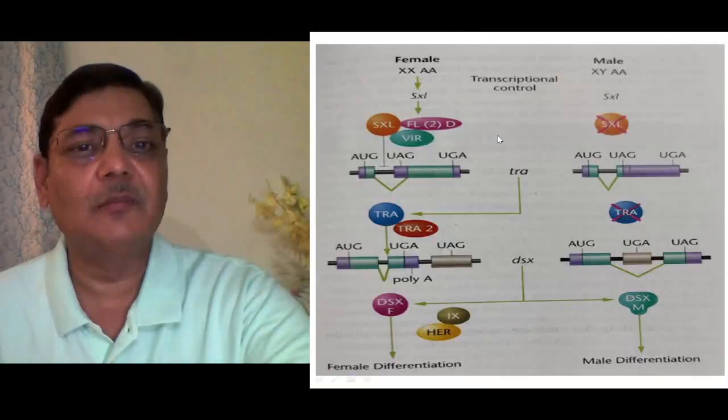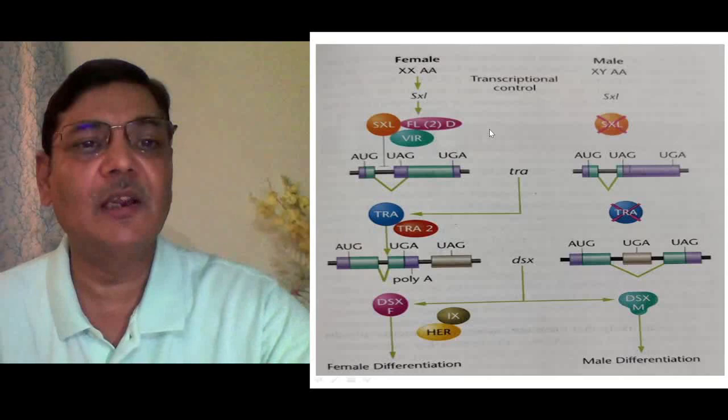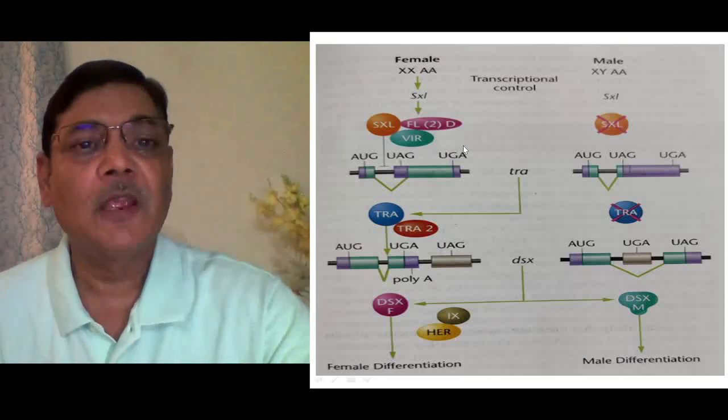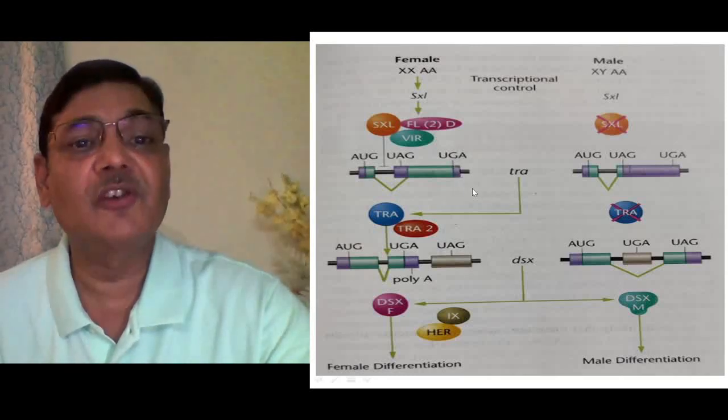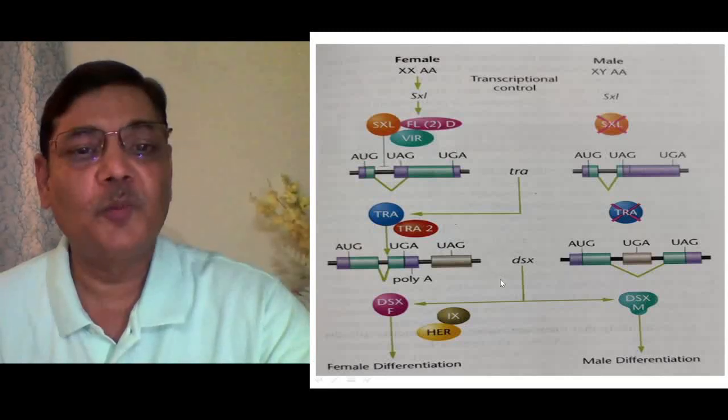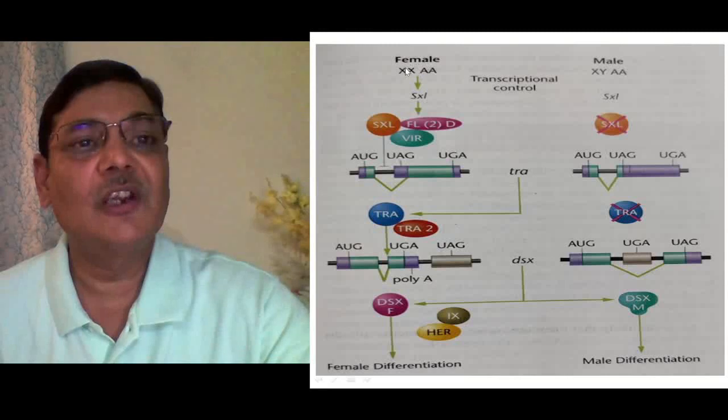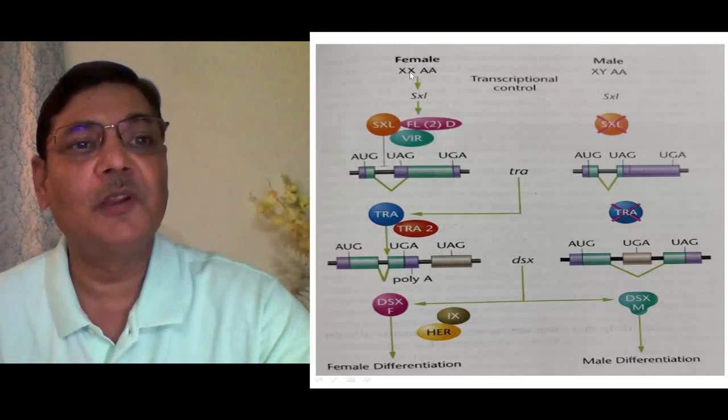See, in this diagram, you can have an idea of exactly what happens. The major events in the sex determination of Drosophila could be understood by seeing this diagram. As I just said, in case of female, two X chromosomes will be there and two sets of autosomes. The ratio will be 1. In that situation, the sex lethal gene will be active and it will be translated into the protein, that is sex lethal protein.